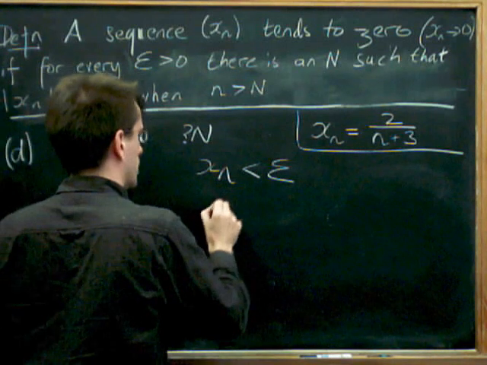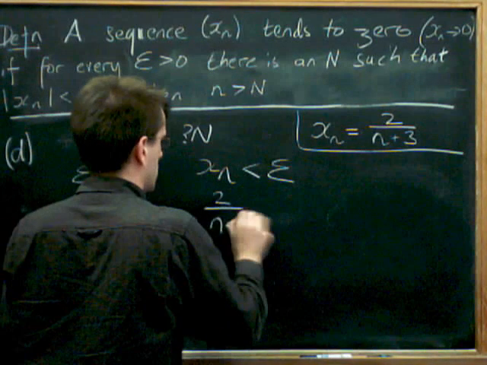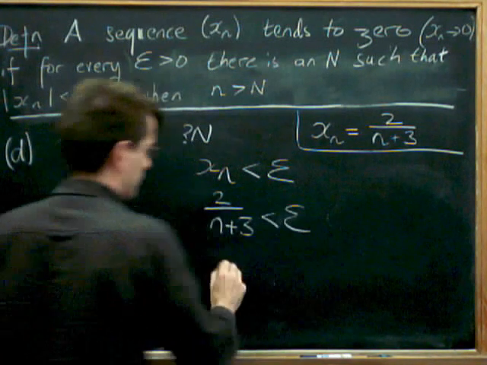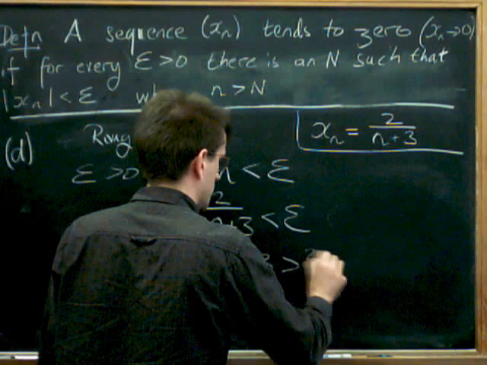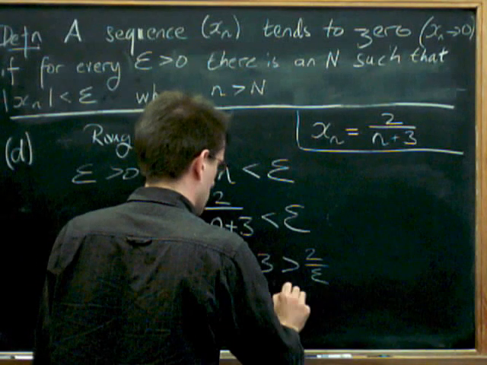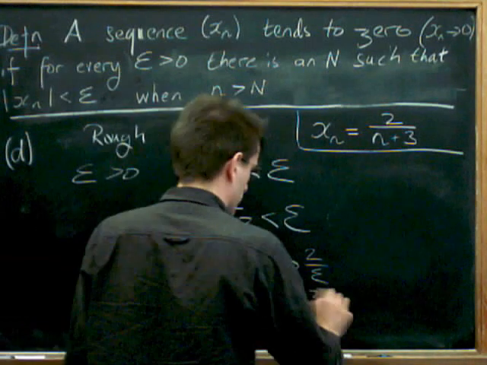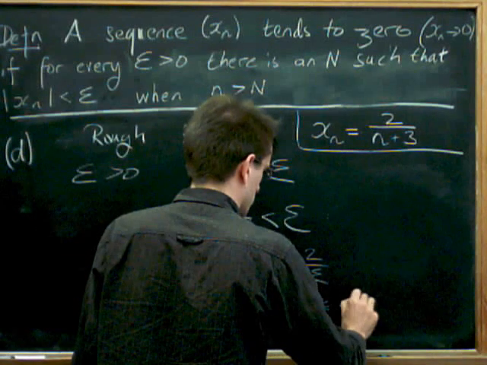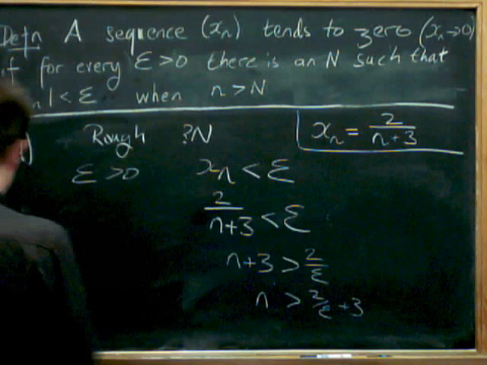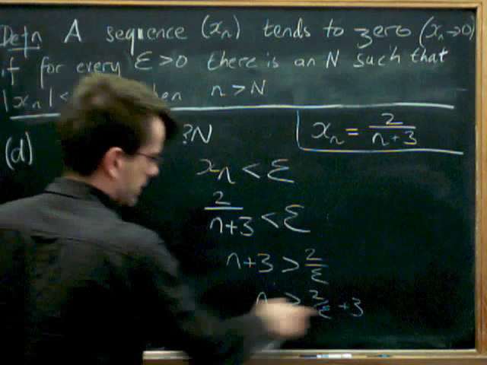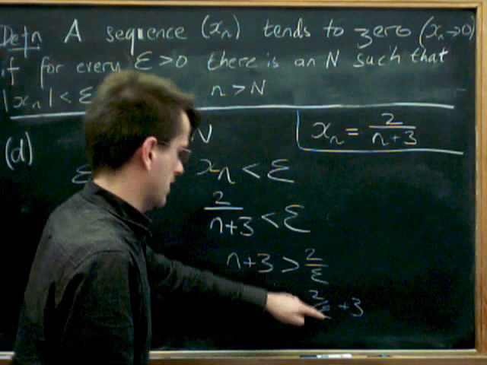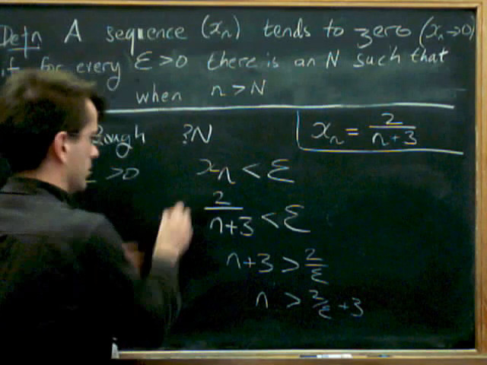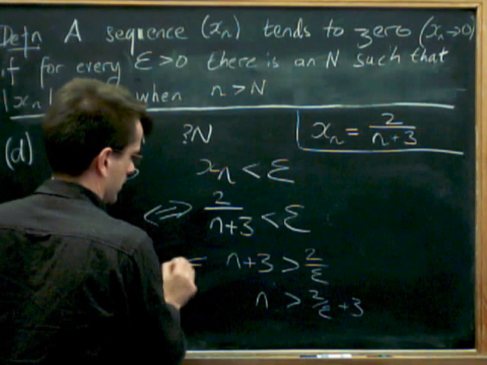So we want 2 over n plus 3 to be less than epsilon. So we want n plus 3 to be bigger than 2 over epsilon. So we want n to be bigger than 2 over epsilon minus 3. So again, we've done our rough work. This is the thing we want to carry, only if that was true.